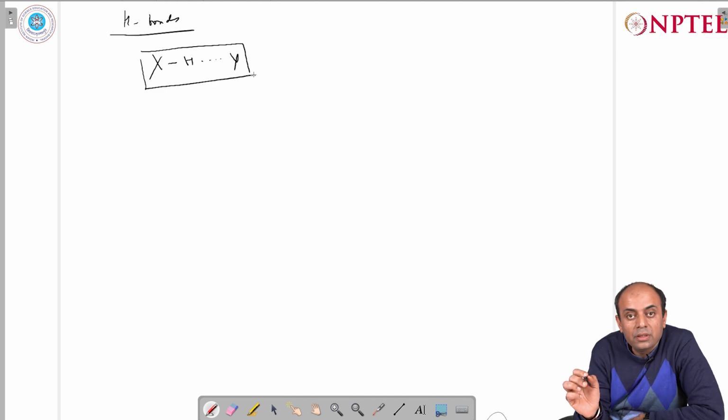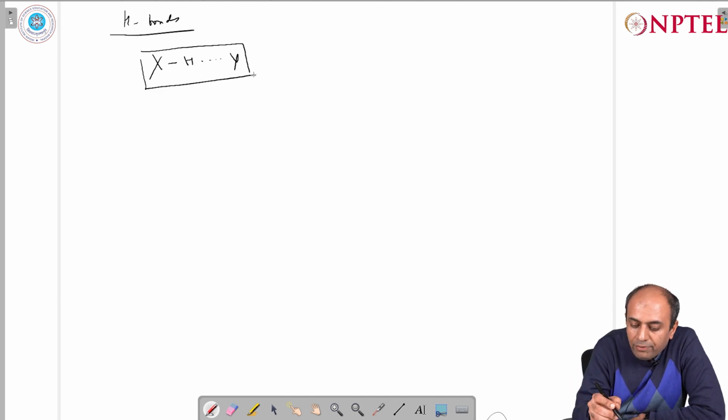This is the system which represents a hydrogen bond, where you have hydrogen which is essentially devoid of a core electron. There is no core electron present in the hydrogen atom, it only has a valence electron.